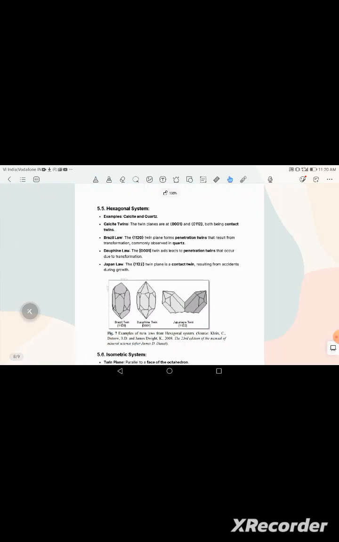Then comes the hexagonal system. So it has CBDJ, meaning CBDJ. So what is C? C is calcite. We know that hexagonal has a beryl type as well as the calcite type of crystal.